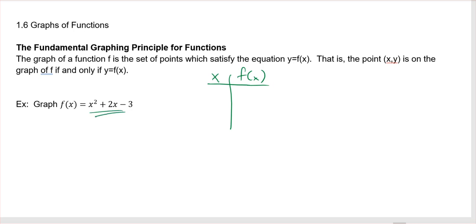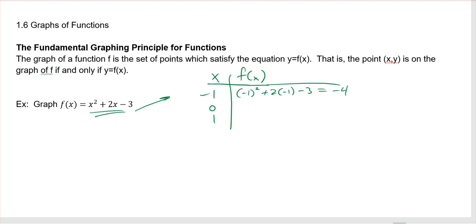So for this one, what we'll probably want to do is pick your buddies, -1, 0, 1, and we'll see what happens. If we put in -1 into this function, we just put -1 wherever we see the variable x, and we can carry this operation out, right? 1 minus 2 is -1, minus 3 would be -4.